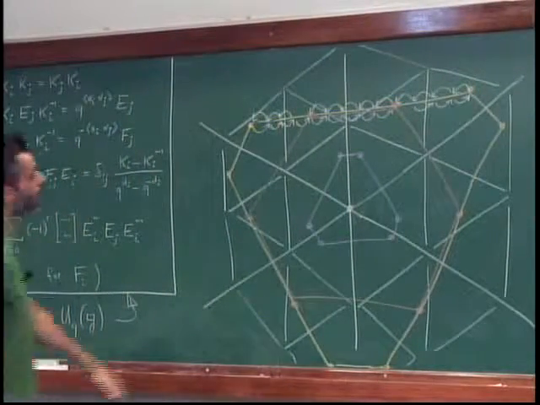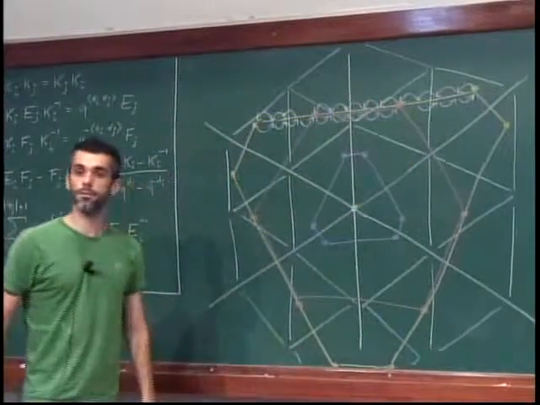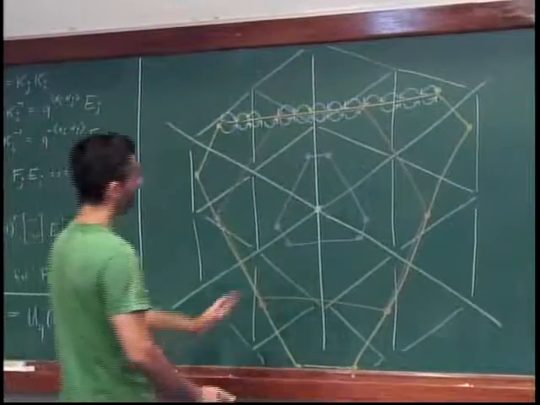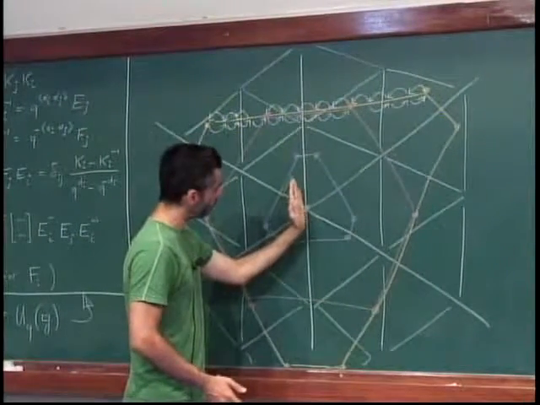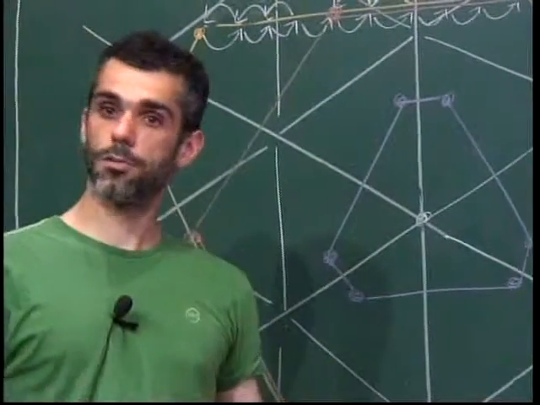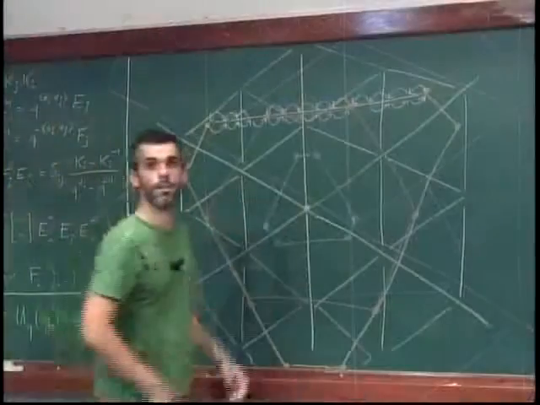And the reflections along these walls form a group that is called the affine Weyl group. So the Weyl group is the group generated by reflections along those three. And then there is a bigger group, which is our infinite group, that's generated by reflections along all these lines.